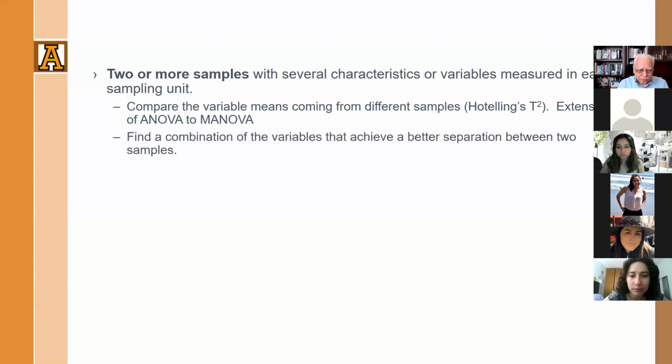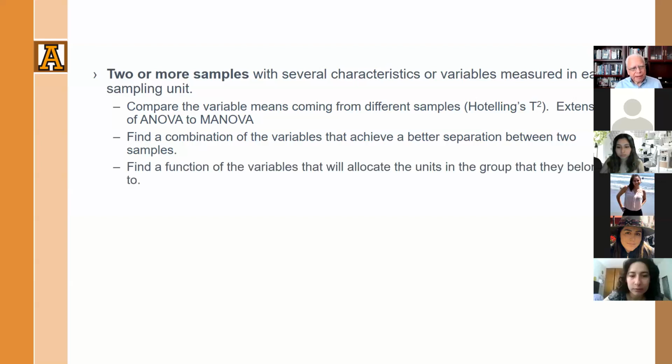We may want to find a combination of the variables that achieves a better separation between the two samples. Let's talk about the case where we have two groups of people, and we want to find a linear combination of the variables we're measuring on each individual so that we get a better separation between the two samples.